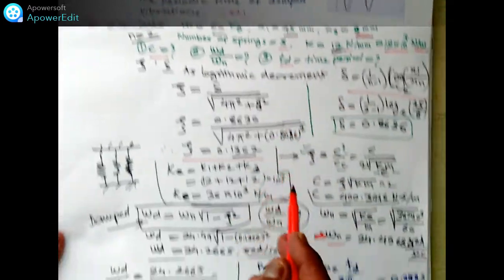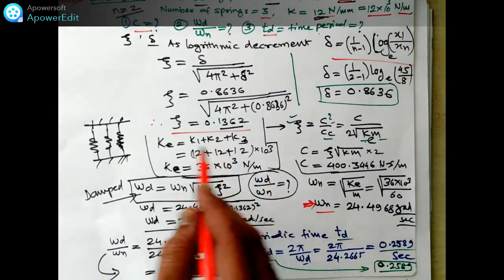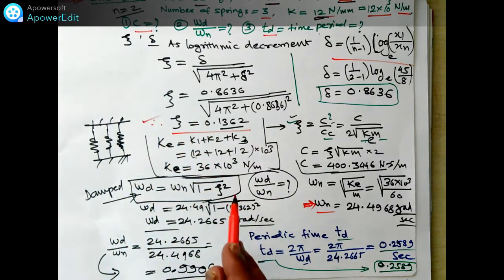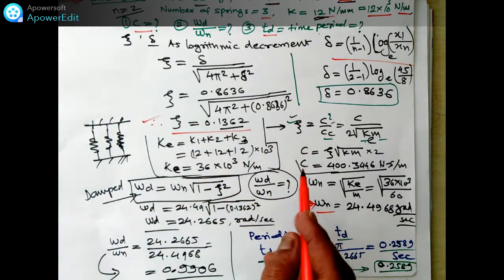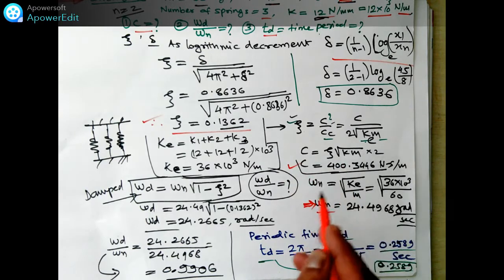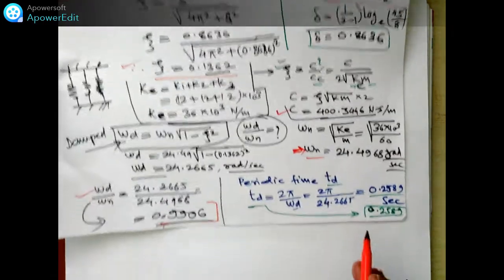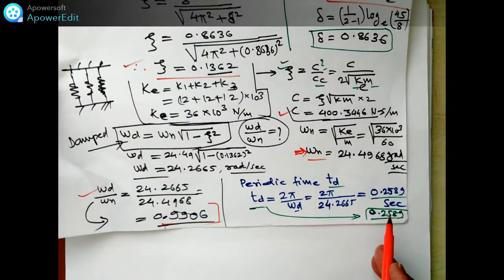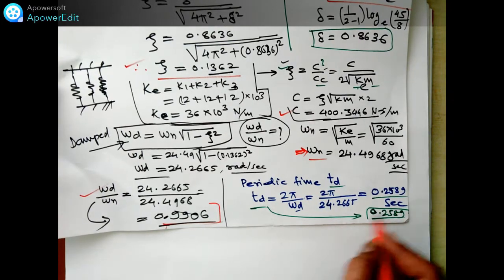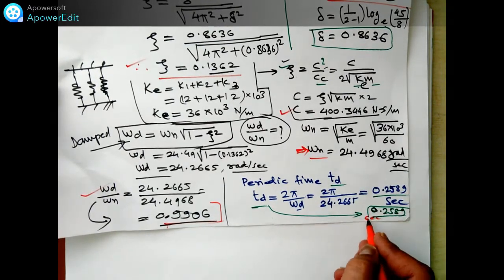That's why I calculated these values. Zeta is the first value we calculated. From this zeta, we calculated the value of C. The ratio for the damped frequency is the second value. And lastly, the time period we calculated is 0.2589 second.